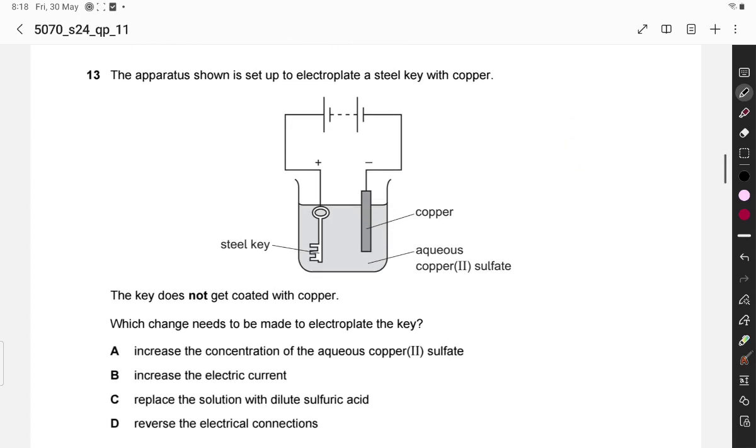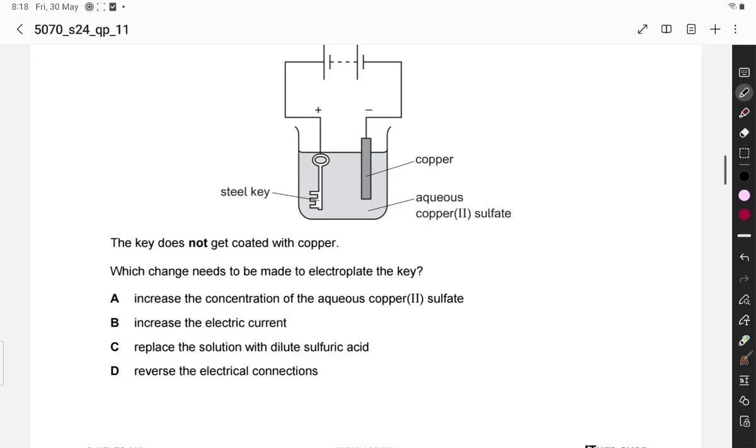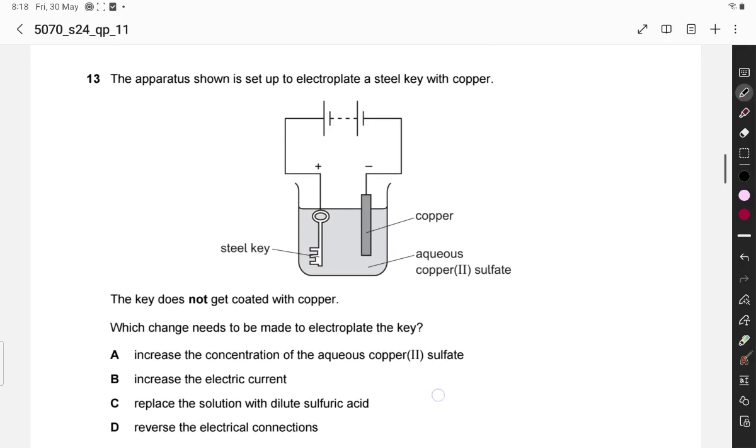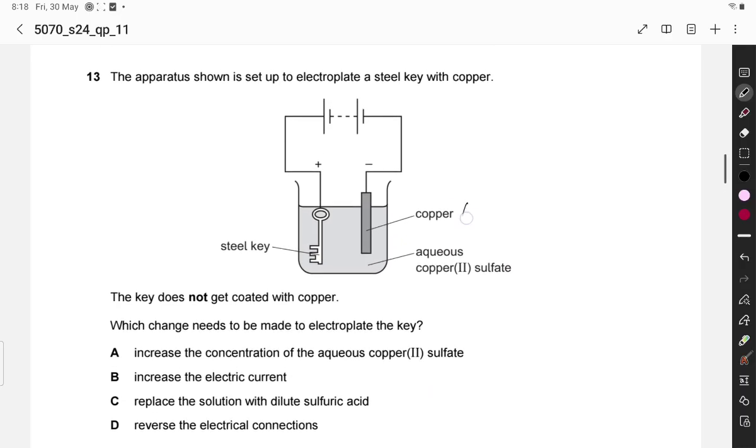The apparatus shown is set up to electroplate a steel key with copper. The key does not get coated with copper. So this is a cathode. So which change needs to be made to electroplate the key?